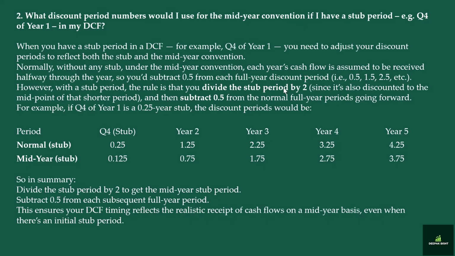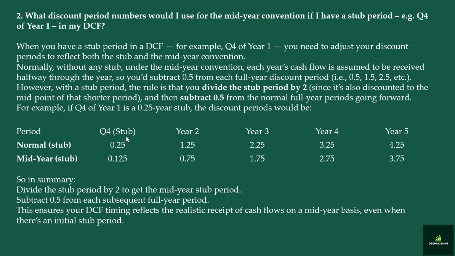However, if a stub period exists, we need to recognize that the stub represents only a fraction of the full year. And to incorporate both the stub and the mid-year convention, we need to follow two key steps. We divide the stub period by two because under the mid-year assumption, the stub cash flow is assumed to be received halfway through that shorter stub period.